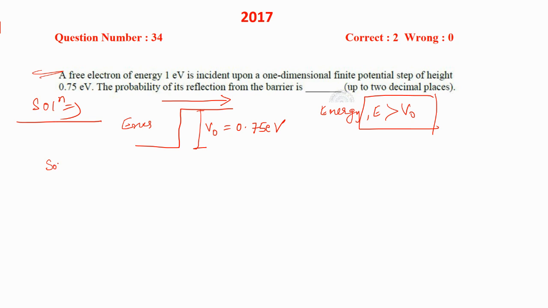So a particle is striking a step potential. How many of you have done the calculation for it, solving the Schrodinger equation for such a system? Then it will be very nice, because it's a very easy one. It's the first question that we generally do while solving the Schrodinger equation for different systems. First is the free particle, then the second one is the step potential.